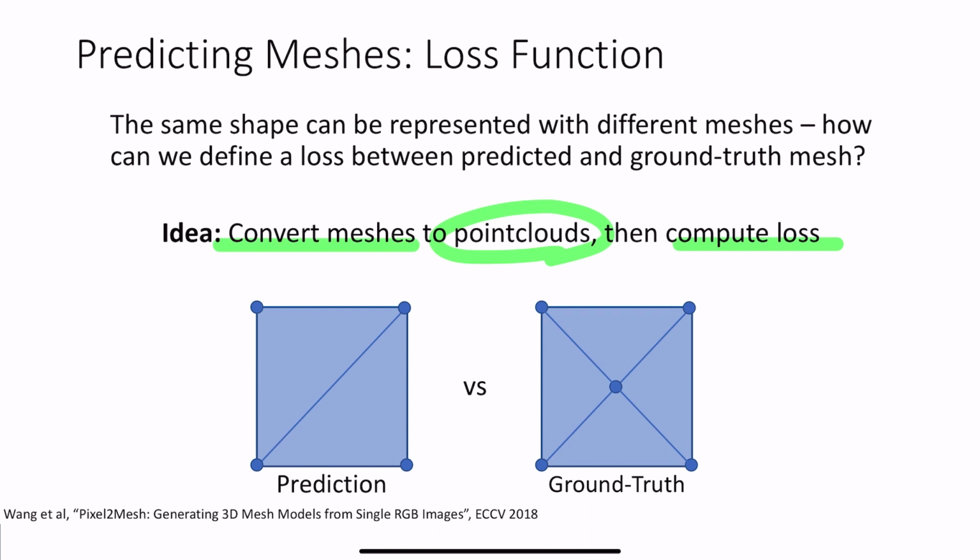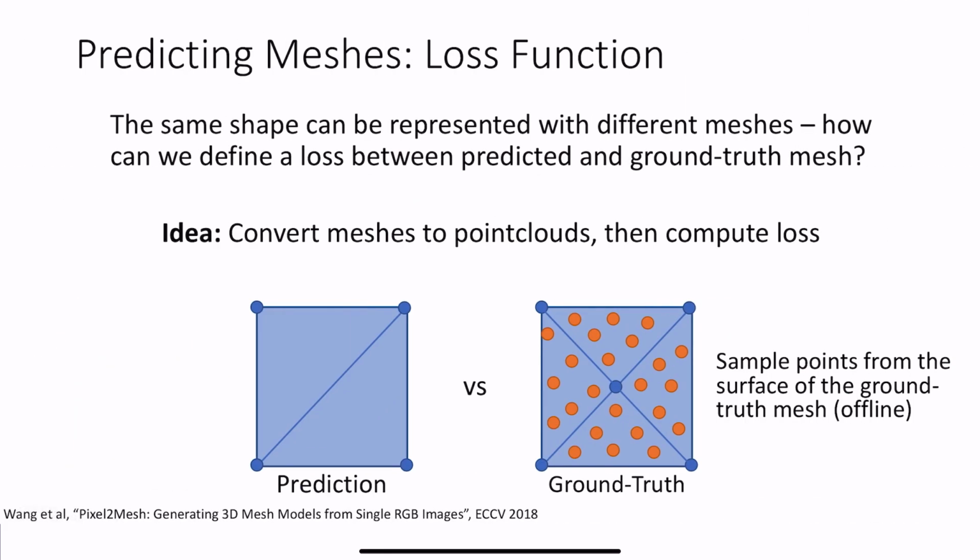Because this is just a 3D plane or 3D face, we can just sample points not only on the vertices but also on the plane. Then it's going to be like a point cloud without any surface information. Then we can just apply a point cloud loss function like the chamfer loss that we discussed in previous slides.